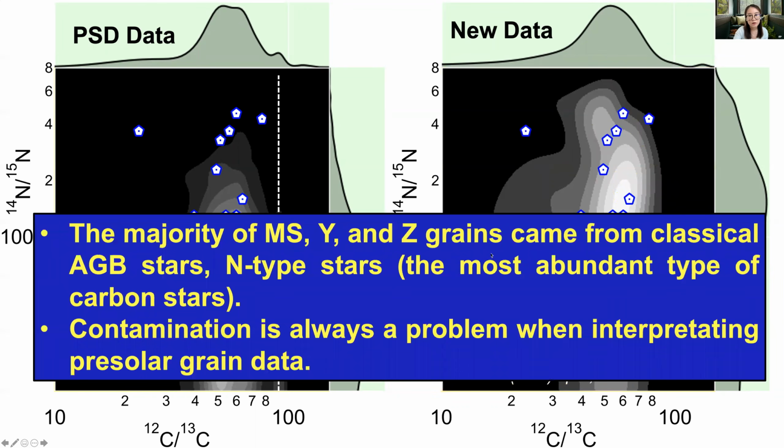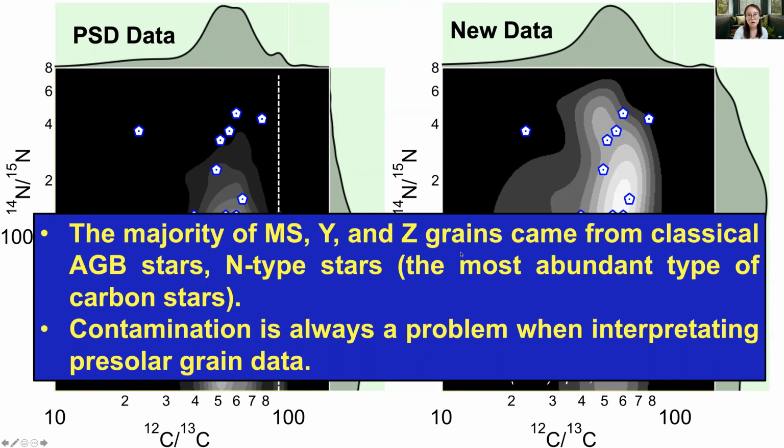So the takeaway here is that the consistent carbon and nitrogen isotopic compositions between mainstream, Y and Z grains and the stellar observations for N-type carbon stars provide solid evidence that these grains came from classical low-mass AGB stars.